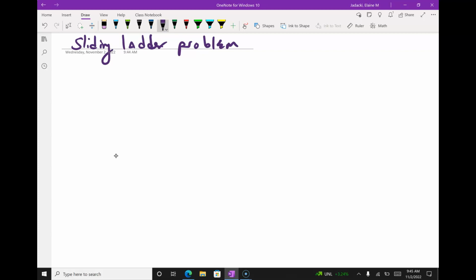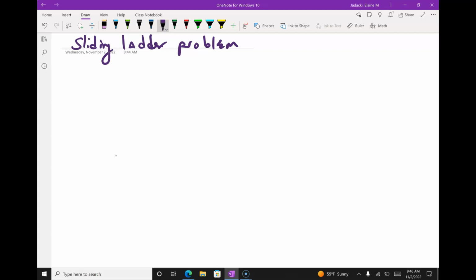I think it'll work. So here's my book leaning against the wall. Everybody see it? I'm just going to start to edge out the base. It's like the ladder sliding down the wall, staying in contact with the wall, sliding on the floor at the same time.